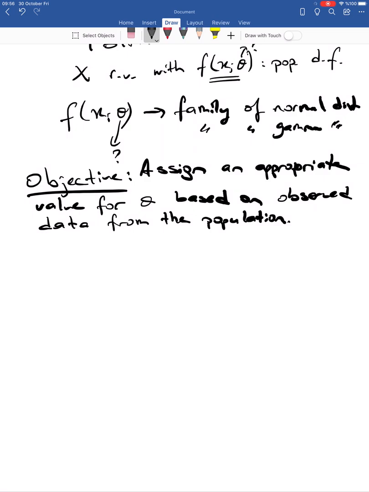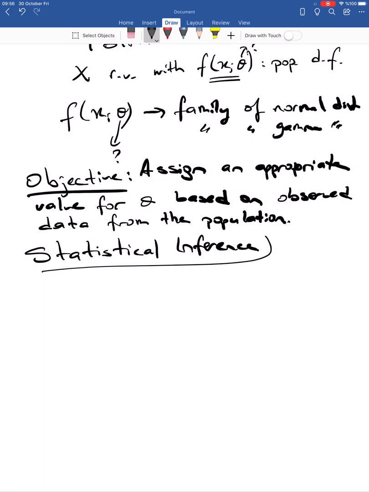Okay, we need to use statistical inference, right? So how can we assign this appropriate value for theta using our sample observations? This is our statistical inference topic.